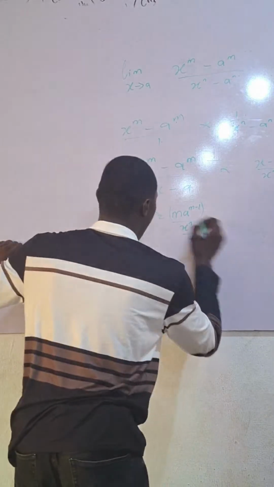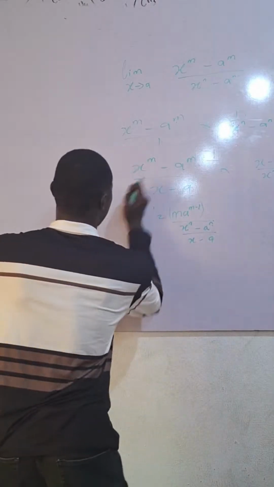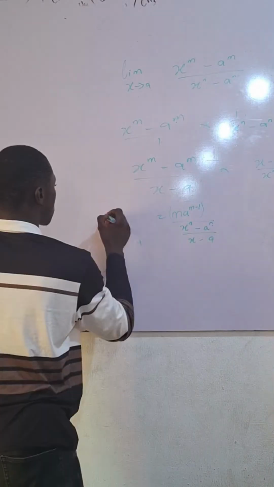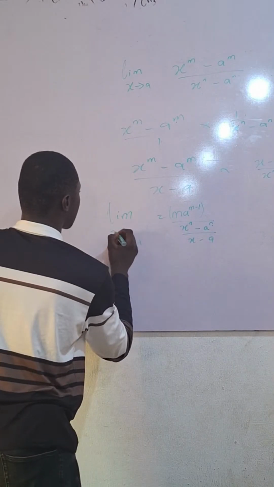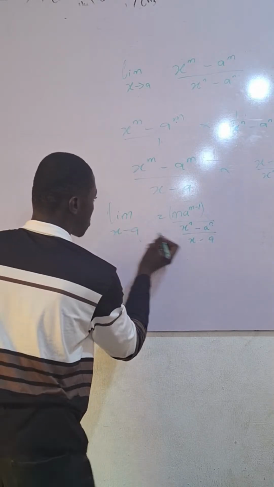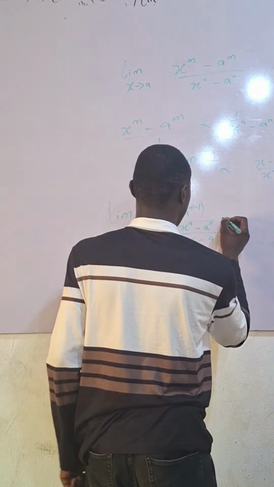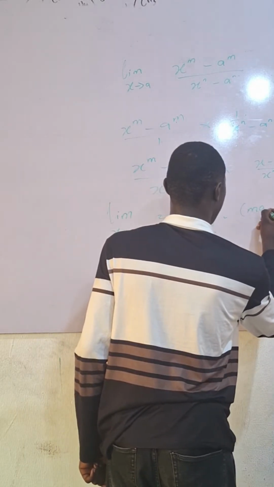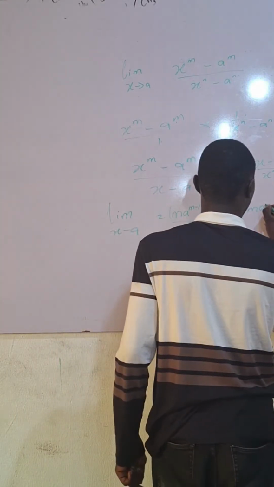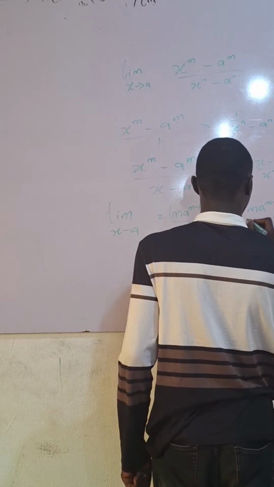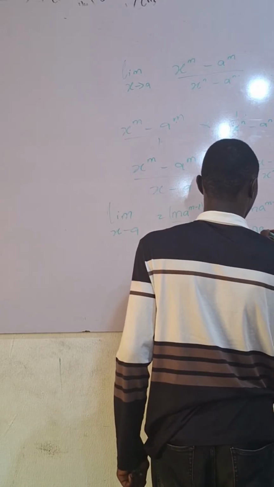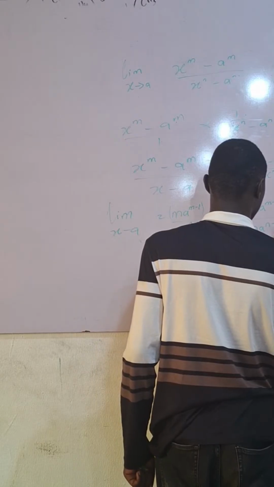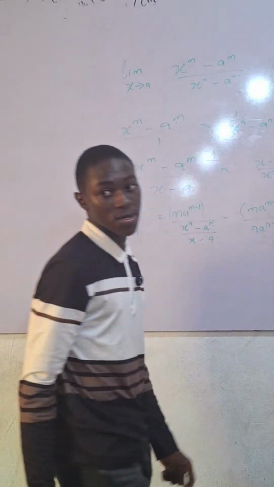So this guy, using limit. Sorry, I forgot to add the limit: limit of x approaching a. So now this will give me m multiplied by a raised to power m minus 1, over n multiplied by a raised to power n minus 1. Do you get?